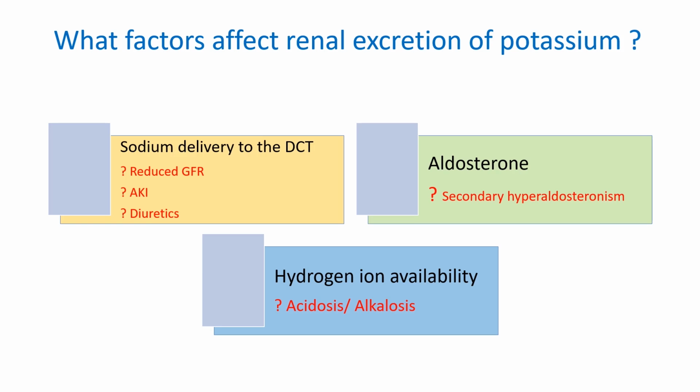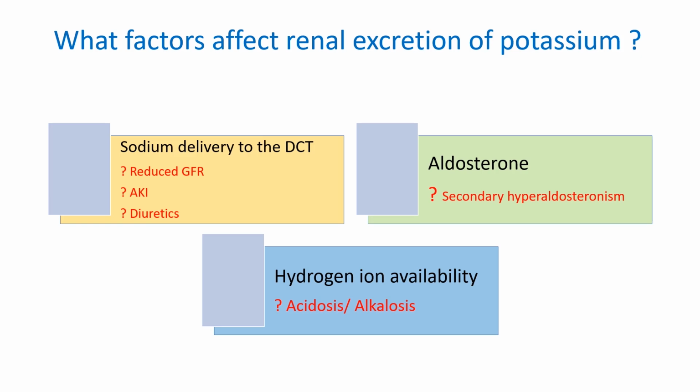The converse will occur in a situation of alkalosis, in which there is a low level of hydrogen ion in circulation. In that situation, for every amount of sodium ion reabsorbed, the body will rather release potassium in exchange for the sodium ion reabsorbed. So, the more sodium reabsorbed, the more potassium is lost into the urine.